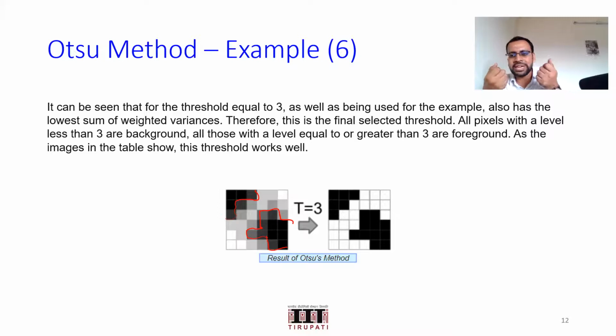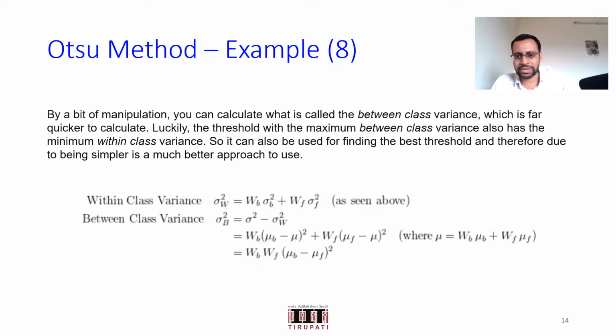Minimizing within class variance will be equivalent to maximizing between class variance. Okay, maybe it looks like a jumbling of words unless I define what it means by between class variance. It is defined as sigma B square, the between class variance.